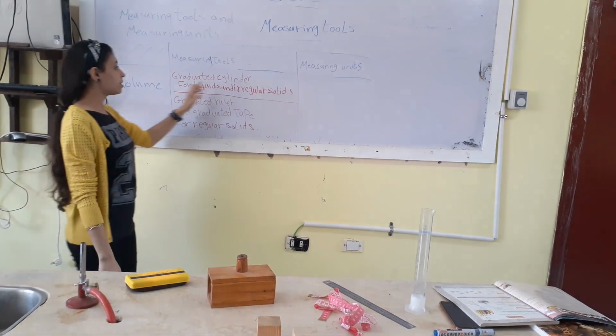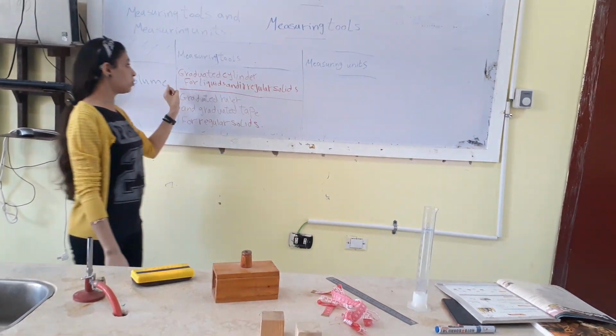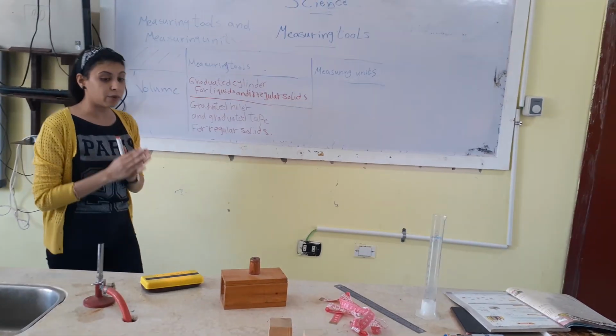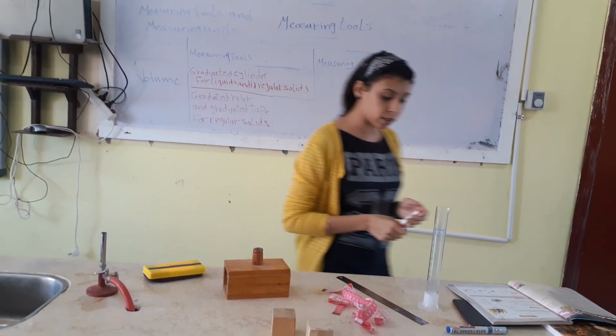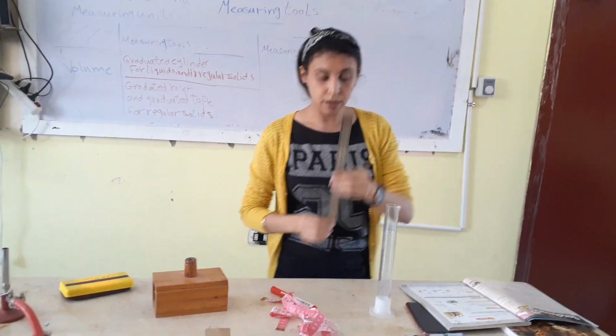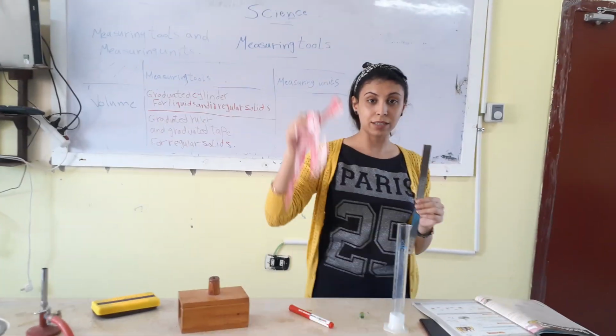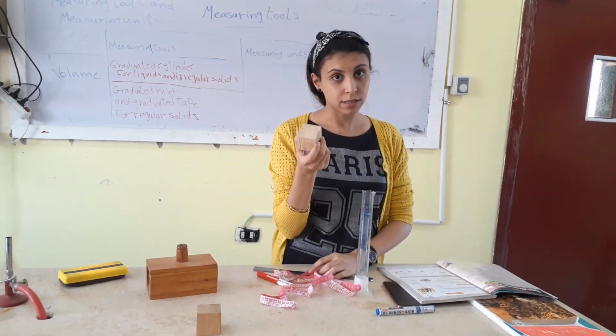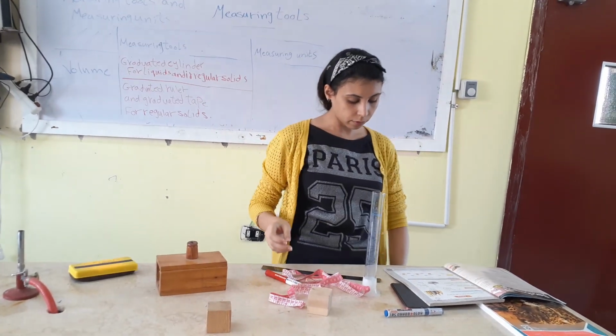For liquids and regular solids, we use a graduated cylinder. Okay. For regular solids, we use the ruler. This is a regular solid.